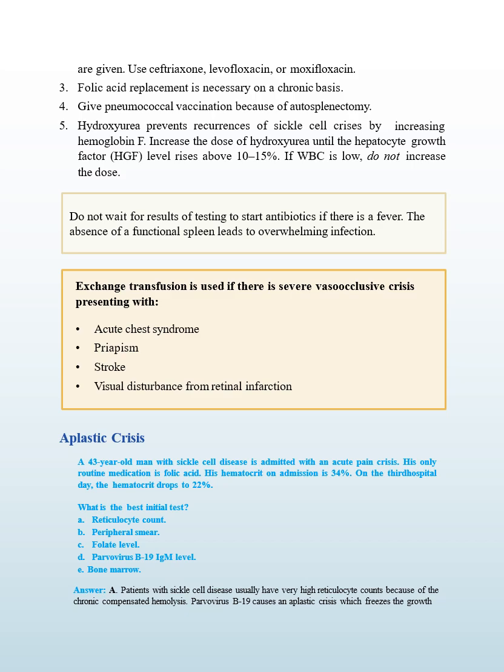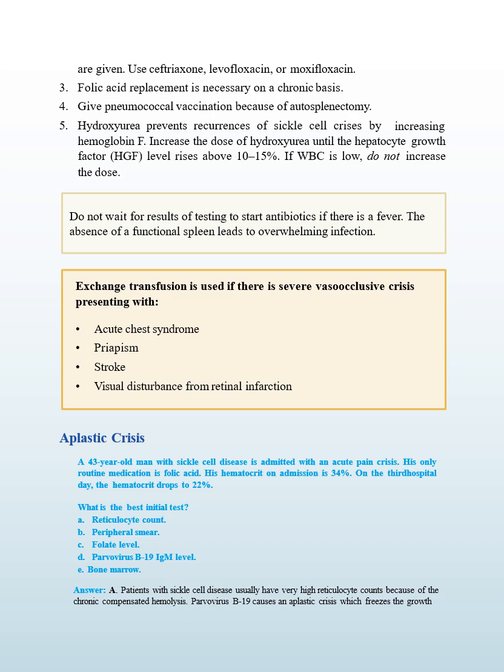On the third hospital day, the hematocrit drops to 22. The question is, what is the best initial test? A, reticulocyte count, B, peripheral smear, C, folate level, D, parvovirus B19 IgM level, and E, bone marrow.